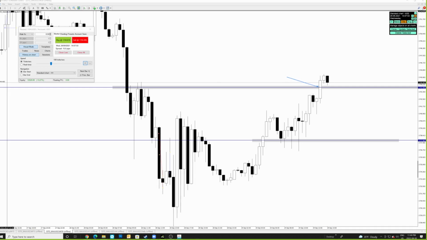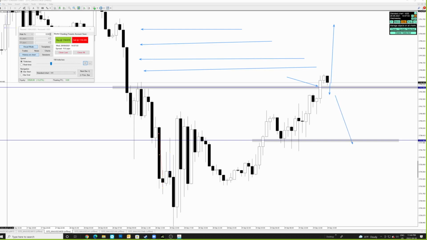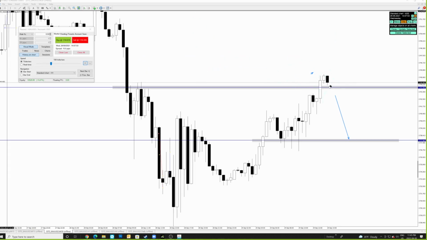If we're closing above this area, there should be a very high probability for price to continue pushing up easily because you have clean candles here to the left hand side. If we close below this zone, then I think we could possibly continue pushing down because then this move up becomes a fake out. So we have to keep both scenarios in mind, and we just gotta wait for confirmations, right? So I guess we have to wait for this candle to close now to see where we're gonna close.